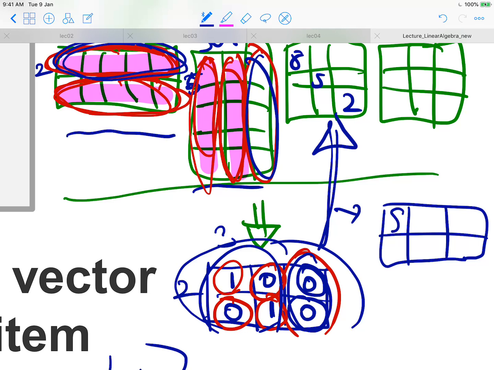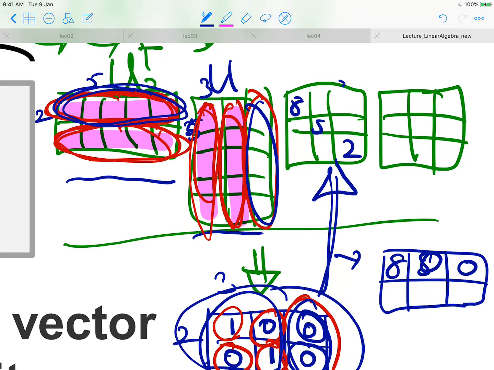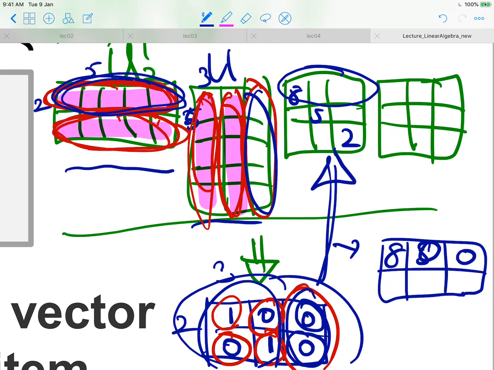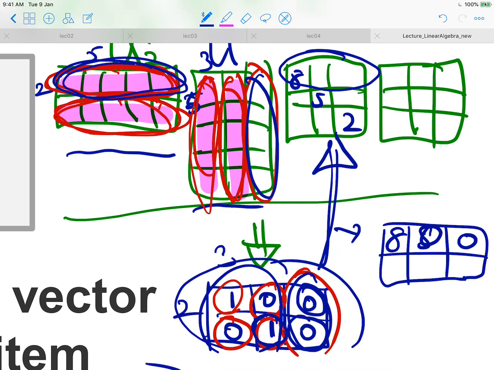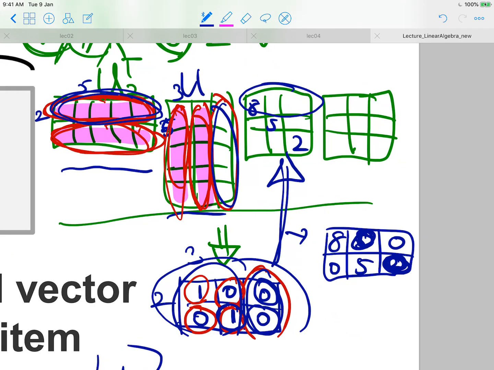So 8, 0, 0, which is picking up the first column, first row. And then what about the second row? The linear combination coefficient is 0, 1, 0, and applying that as a row combination coefficient, it is 0, 5, 0, right?